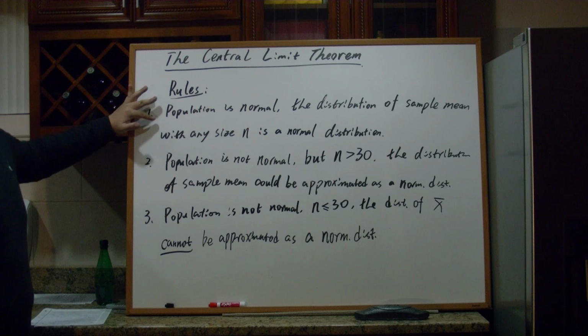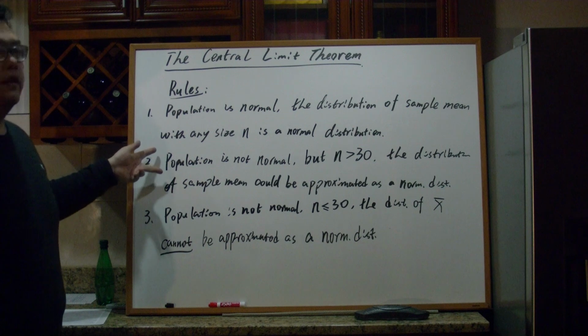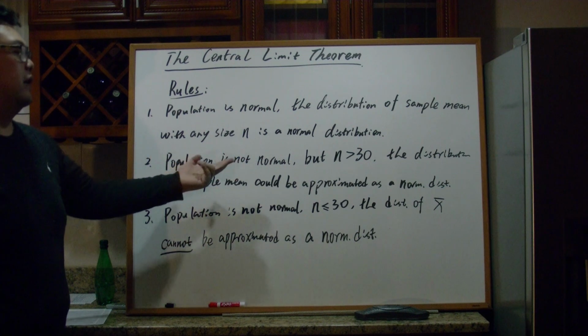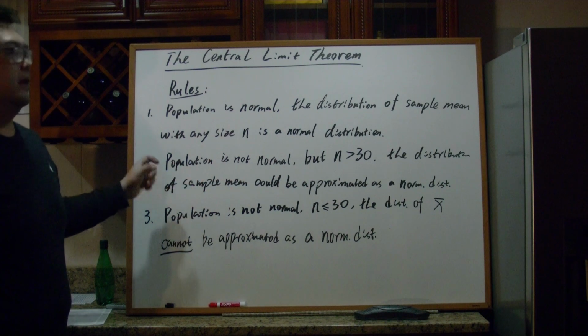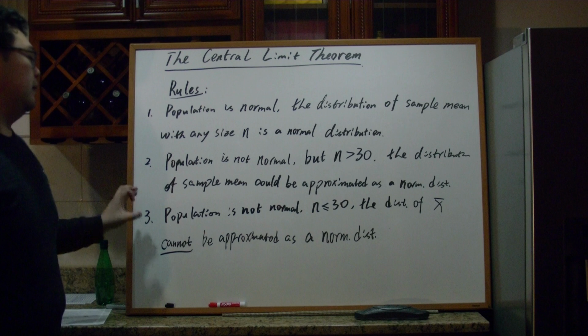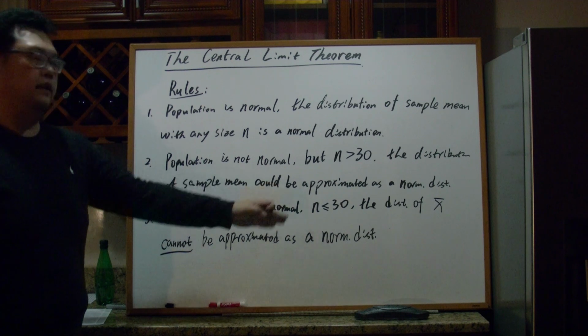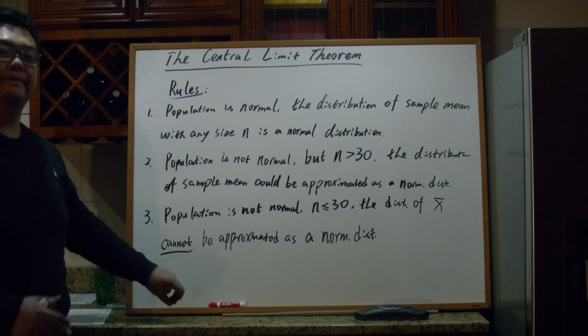If the population given is normal, then we're done, any size is good. If the population isn't mentioned but the size is large, in our case greater than 30, it could be approximated by a normal distribution and we still could do the problem. In other cases, where it is not normal and the sample size is small, there is nothing we can do.